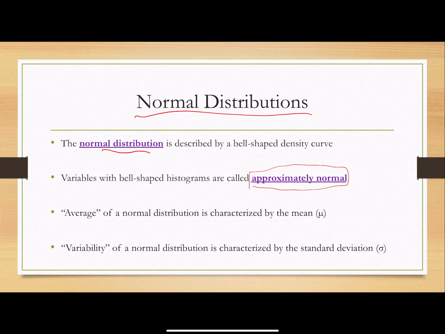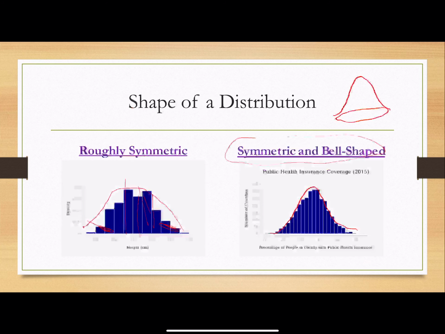The two things that we're going to care about on these types of distributions are the mean and the standard deviation. So let me try to explain here. The mean, that's your middle high point right here. That's what your mean is going to be. And if you want to measure, in some sense, how spread out it is, it's going to be measured by the standard deviation.